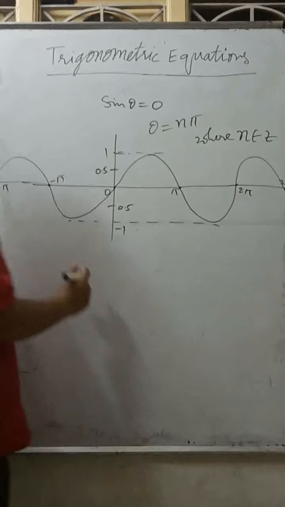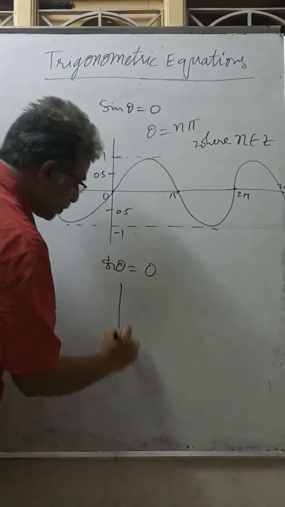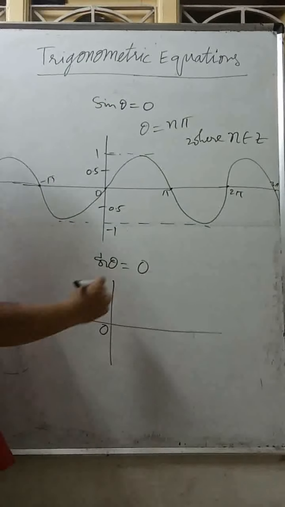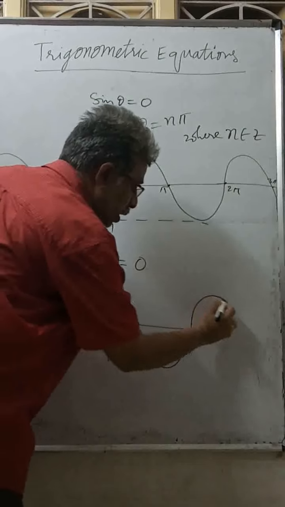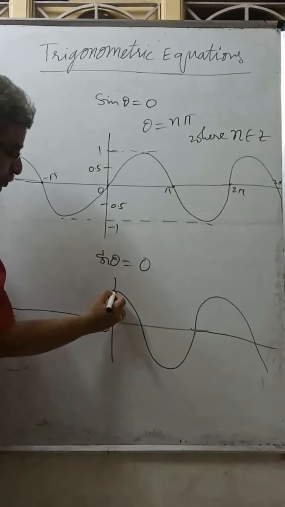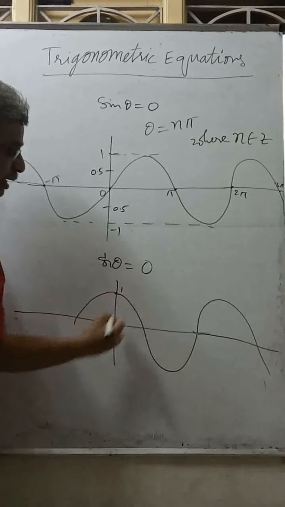Similarly, if I take the cos theta equal to 0 graph, what happens? If you observe the graph, at 0 cos is 1, and the cos graph is the same as sin except it is starting from 1.